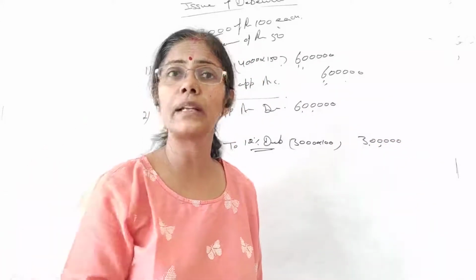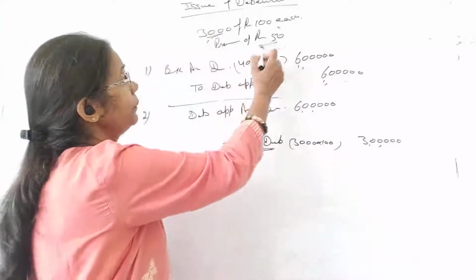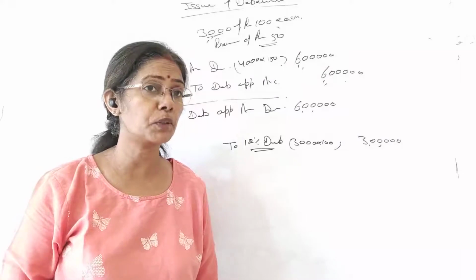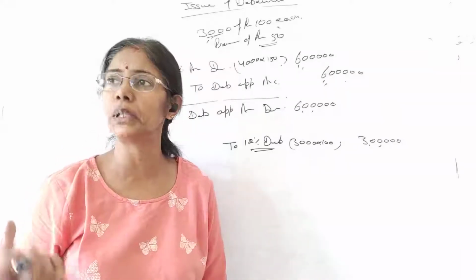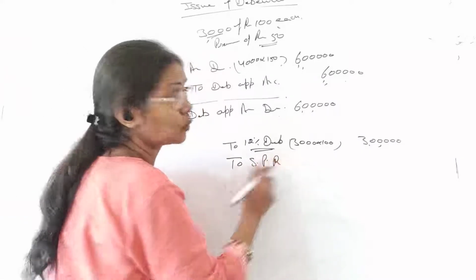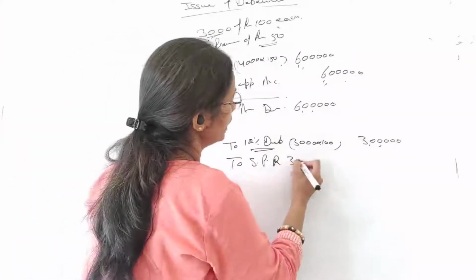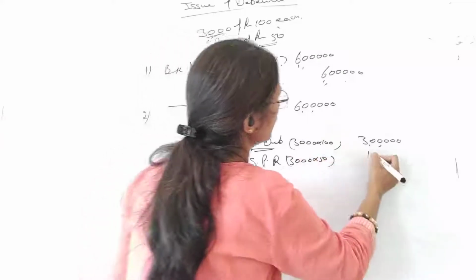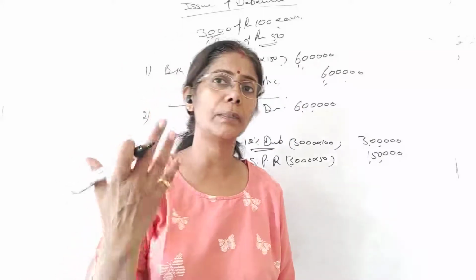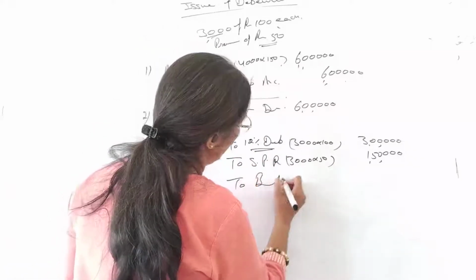Fine. Now another concept which we have learned very nicely: premium. These are issued at a premium of 50 rupees per debenture. Premium is your gain. At the time of issue, instead of 100, you are receiving 150. That's your gain and it will be revenue. Securities premium reserve. No abbreviations. So 3,000 into 50 comes to 1,50,000. And for the debentures which we did not allot, the money will be refunded to bank.